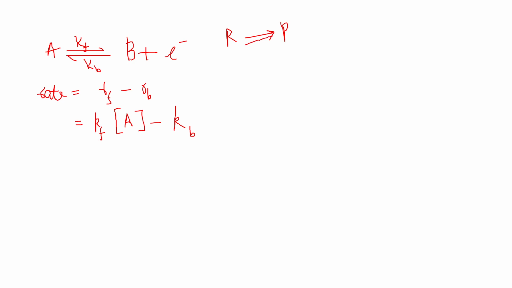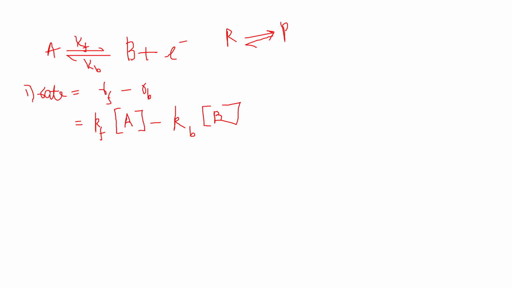Because you will have a backward reaction which is opposing your forward reaction, you write minus k into the concentration of the product. So the same thing here: kf into A minus kb, the rate constant of B, into the concentration of B.